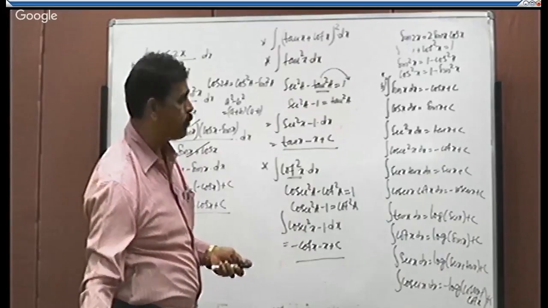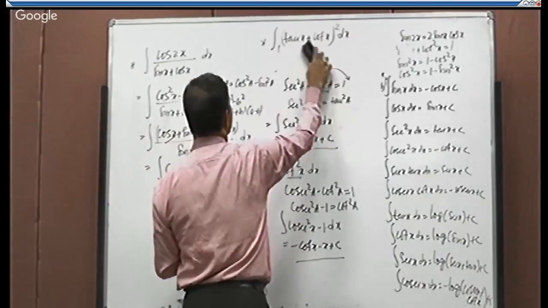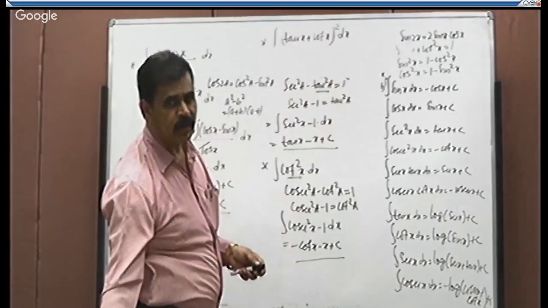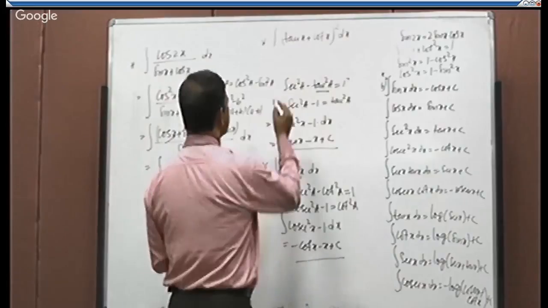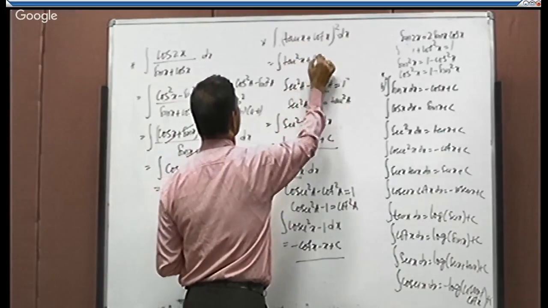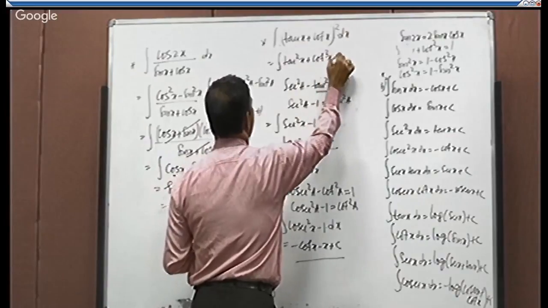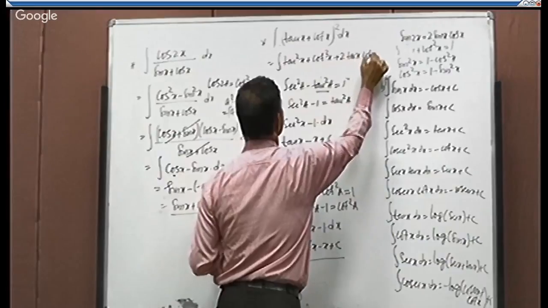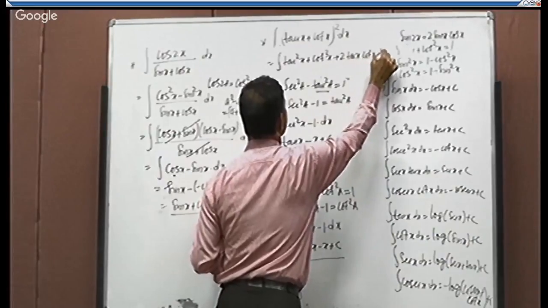It is of a plus or minus b whole square form. You just expand that. According to expansion, it is what? A square plus b square plus 2ab, 2 into tan x into cot x into dx.